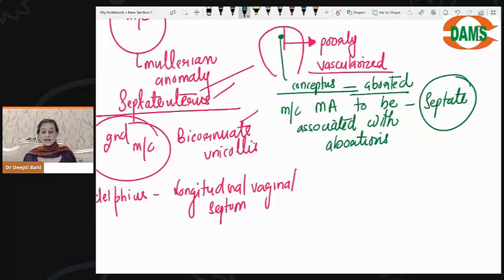Septate uterus can cause abortions, even recurrent abortions. Recurrent means she gets pregnant, it aborts, again it aborts, and so on. So septate uterus is most commonly associated with abortions as well as recurrent abortions.